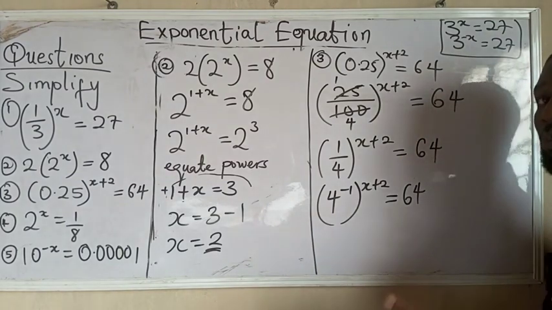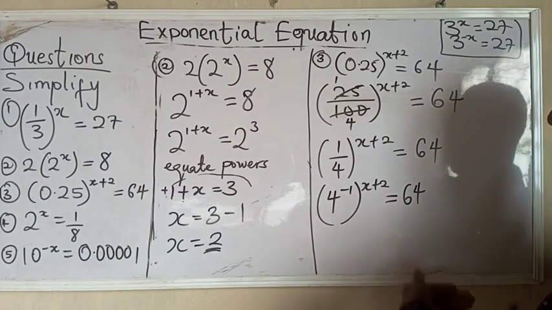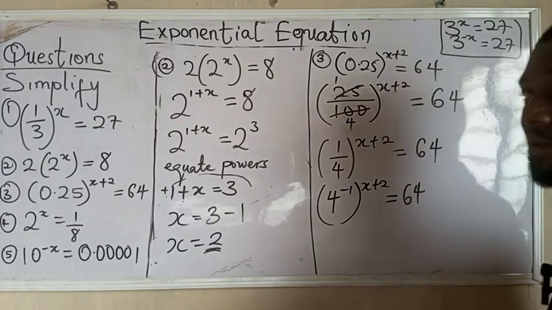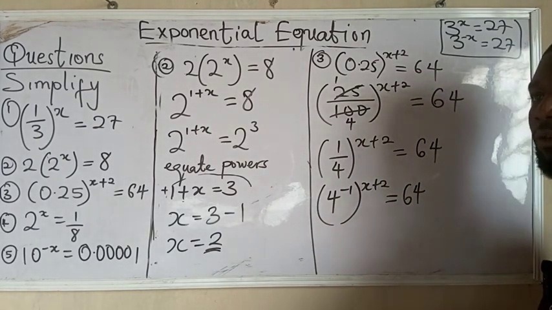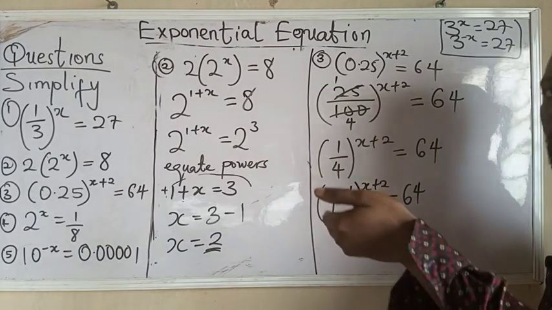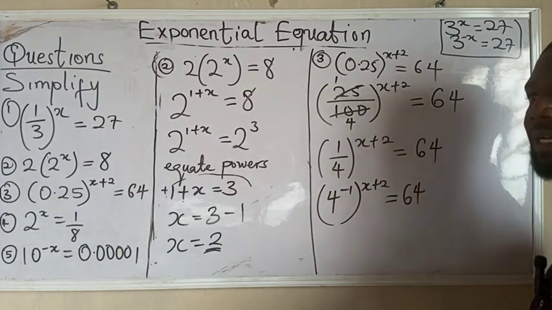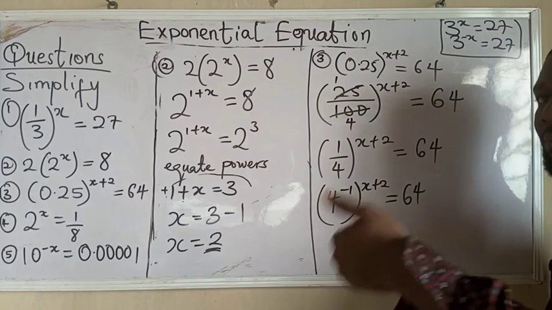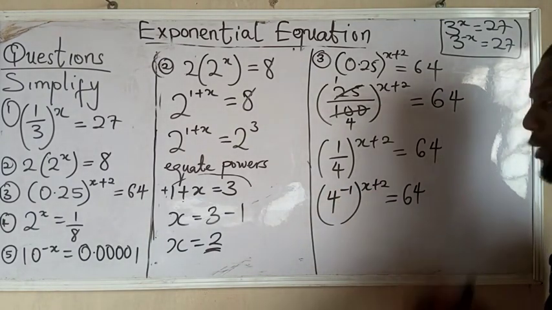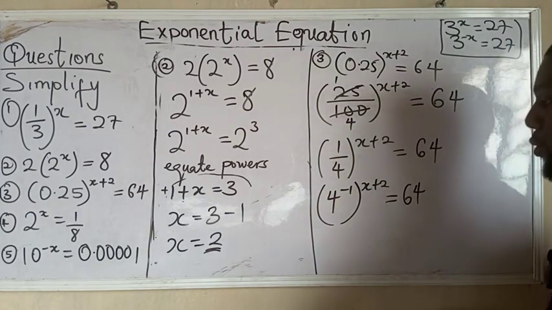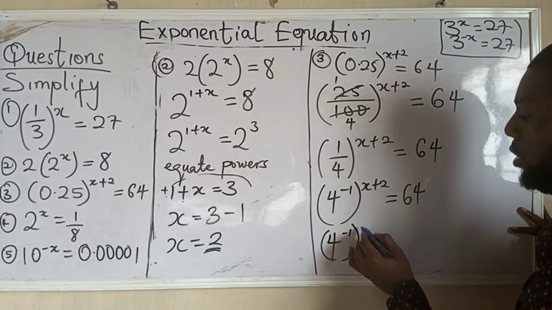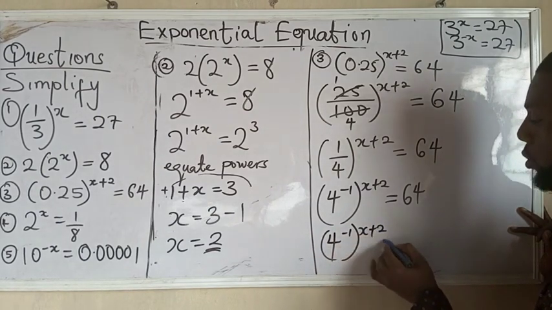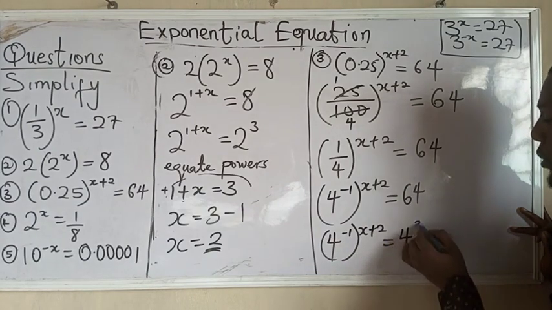Then our job is to make sure our right hand side has a common base just like my left hand side. It means that on our right hand side, we need to take 64 to be 4 raised to power something, which when I multiply that 4 by that number of times, will give me 64. So what do we have here? From here I can say this is 4 raised to power minus 1, all into bracket x plus 2, equals 4 raised to power 3.